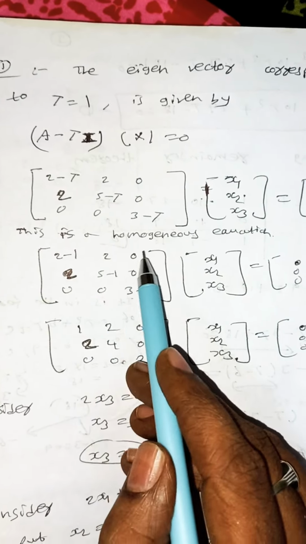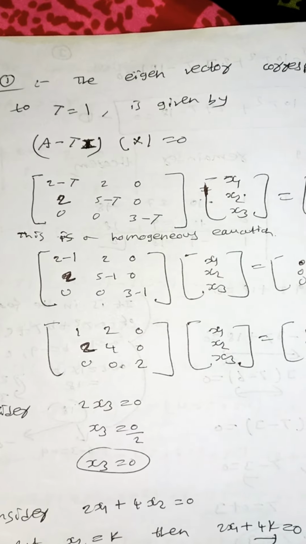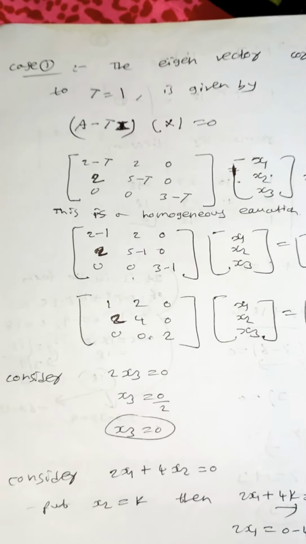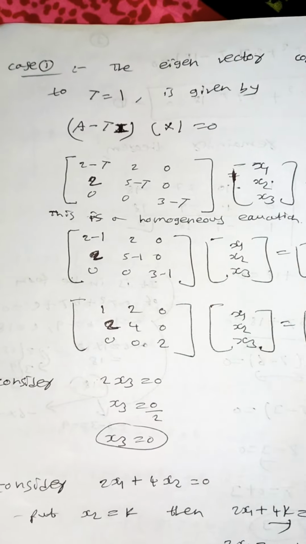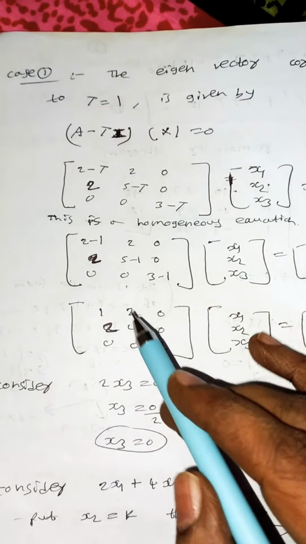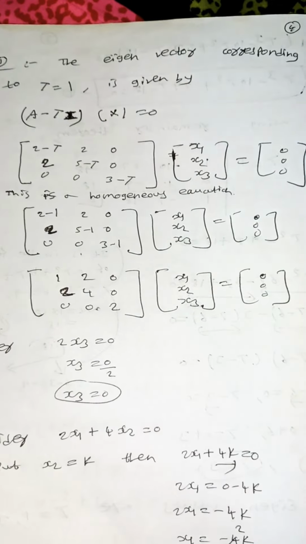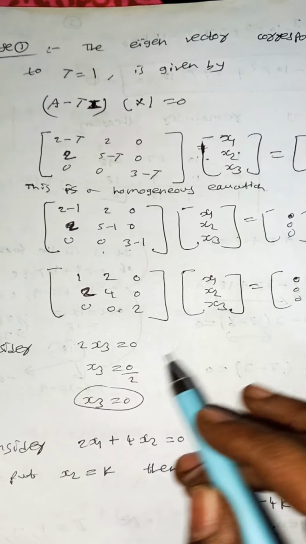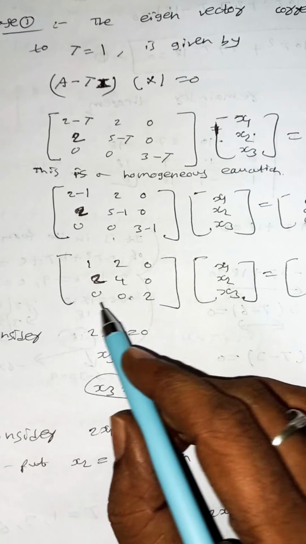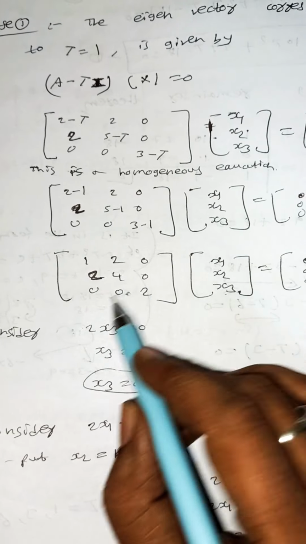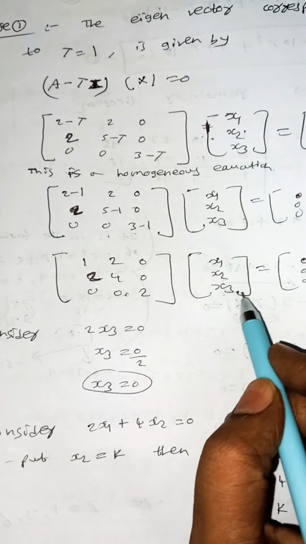This write as it is. Here in place of lambda write 1. So here also in place of lambda write 1. So here 2 minus 1 is 1. Here 5 minus 1 is 4. Here 3 minus 1 is 2. The rest all are remaining the same. Now consider here 2x3, which is here 0x1, 0x2, 2x3.